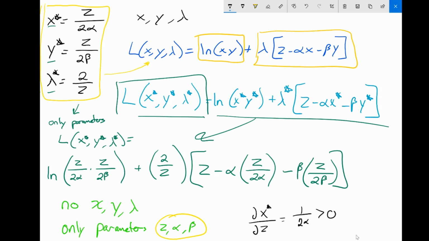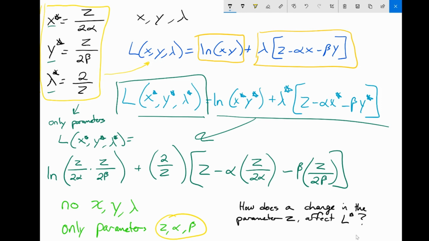We might want to know, how does a change in the parameter z affect L star, that optimal level? We might want to know this. How would we calculate this?